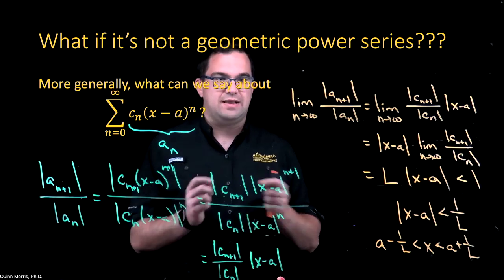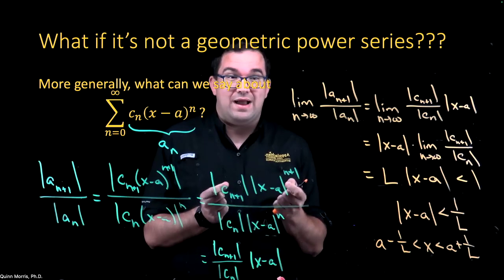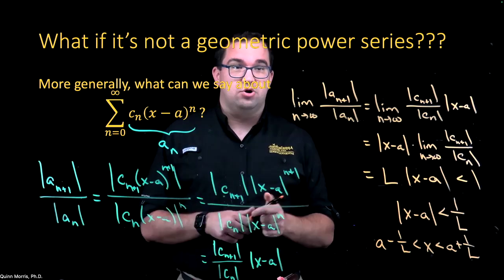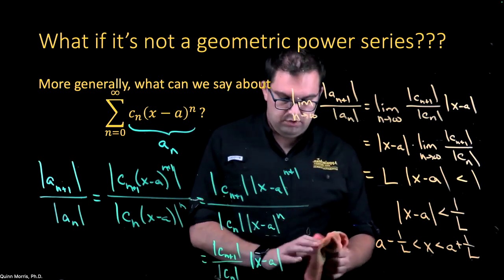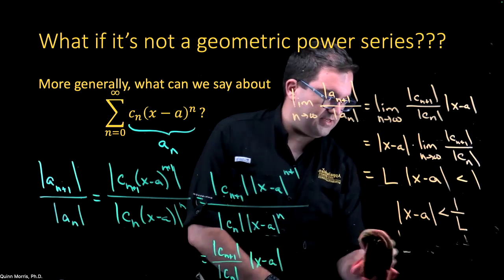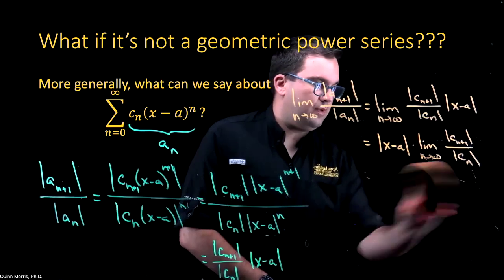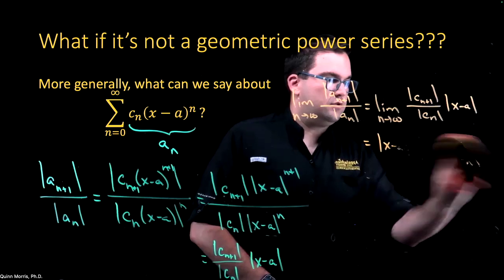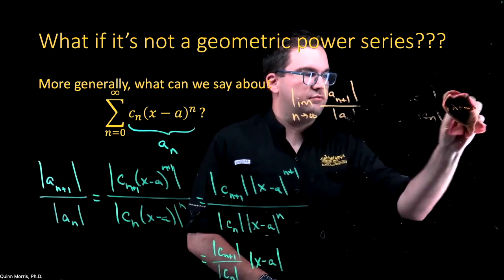It tells me how far I can go away from a and still be guaranteed that my series converges. Okay, so let's go back and walk through all these cases one more time and understand how we can determine for what x values these power series converge.